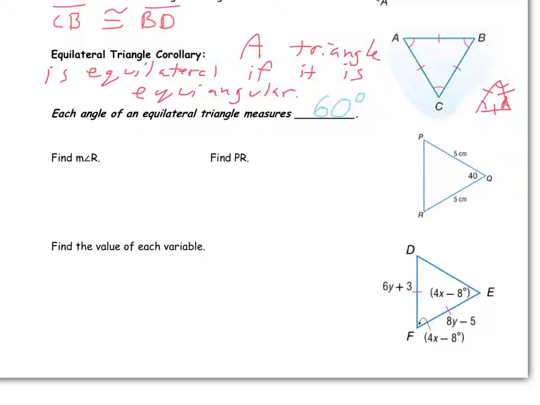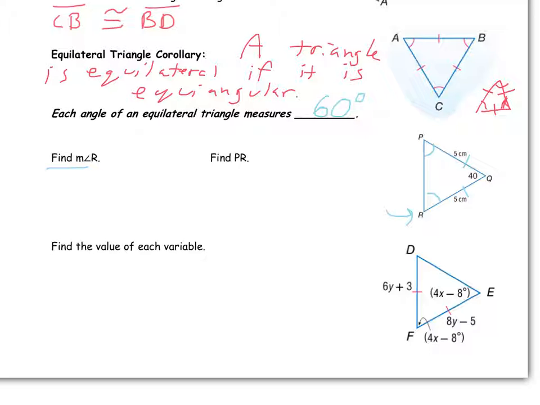So let's look at this diagram. We have a triangle with two sides that are congruent. Notice this side and this side are both 5, so they're congruent. So if those sides are congruent, that means these angles are congruent. It asks us to find the measure of angle R, this angle right here. We don't know the measure.